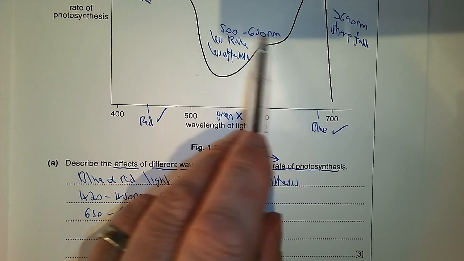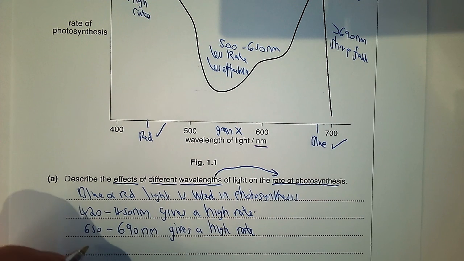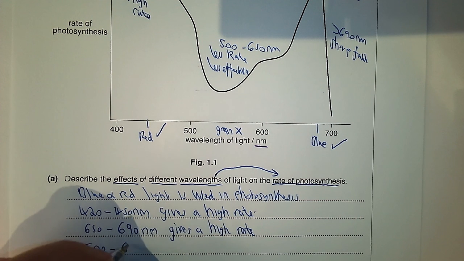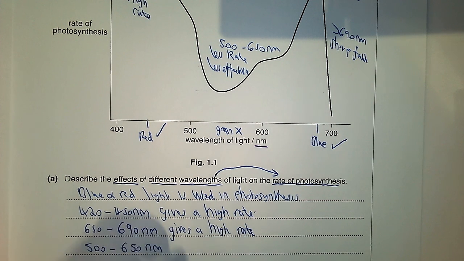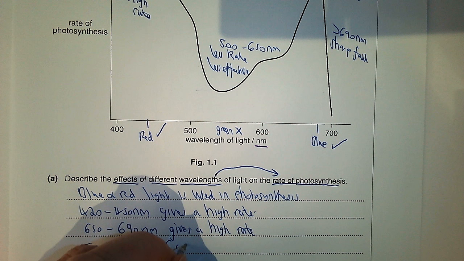That between 500 and 650 nanometers, again, make sure you're mentioning the units. Right, and that's the green light, remember. That's less effective. We can say that it's reflected, so the rate is lower. So lower rate.